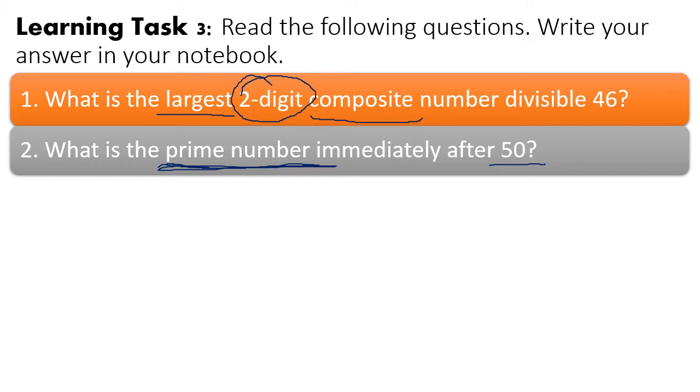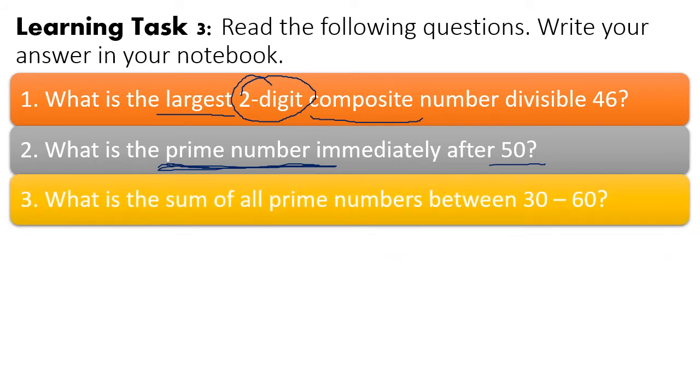Prime ha? Number 3. What is the sum of all prime numbers between 30 to 60? Ang kukunin mo lang dito sa gitna niyan ay mga prime numbers. Bukod doon, ito ay pagsasama-samahin mo.